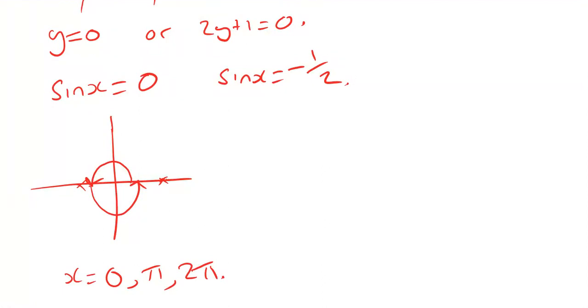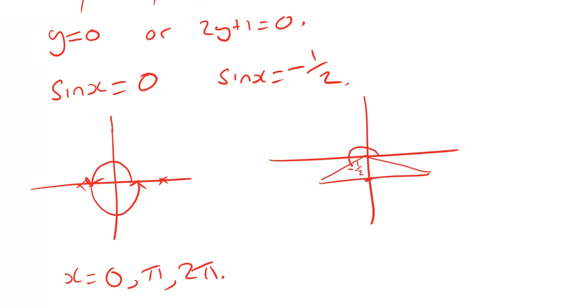Sine x being equal to negative a half, we're going to do that separately. So negative a half on our y-axis for sine. Well, that is going to take place at a couple of positions over here. Well, that will be at x is equal to 7 pi over 6.